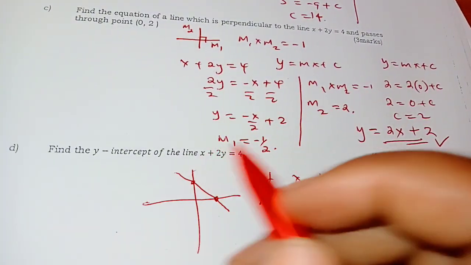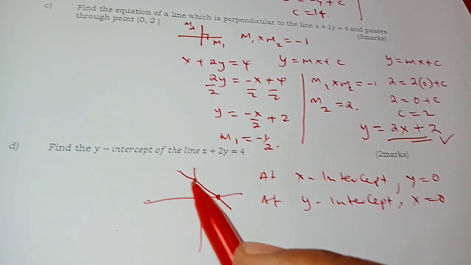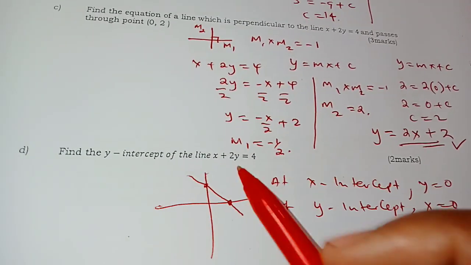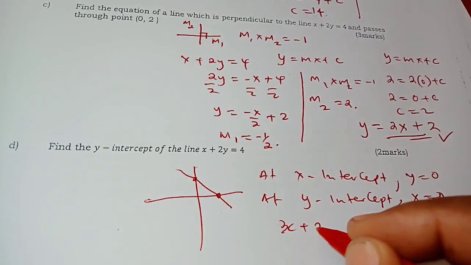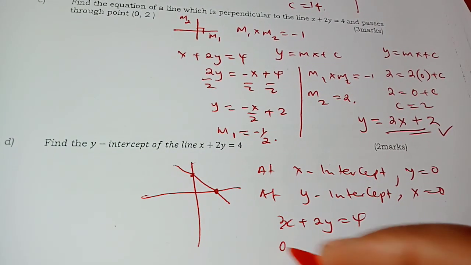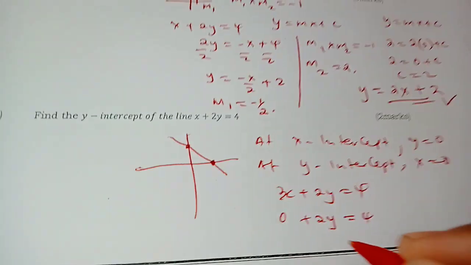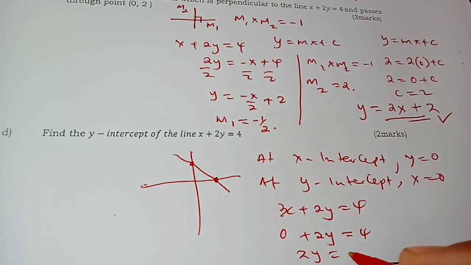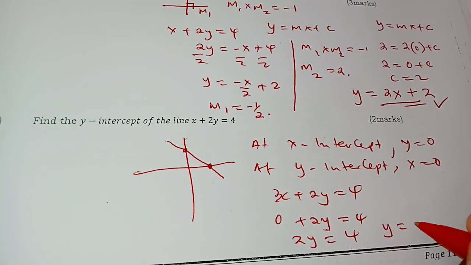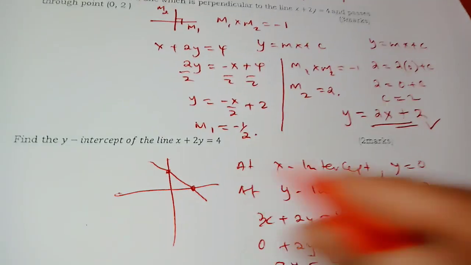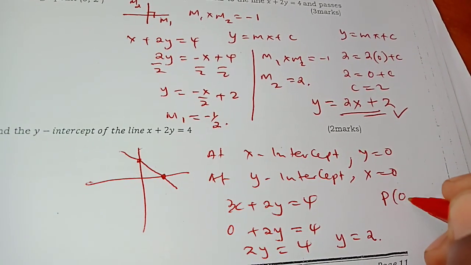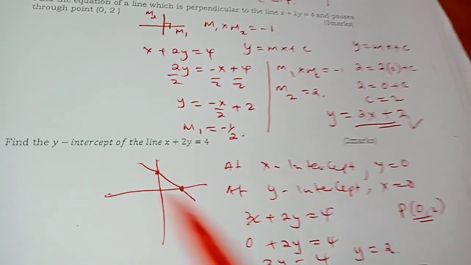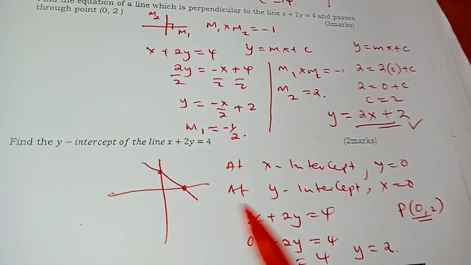So we substitute 0 in this equation. 0 plus 2y is 4, so 2y is 4, and y is nothing but 2. So the y-intercept is the point (0, 2), where the line cuts the y-axis.